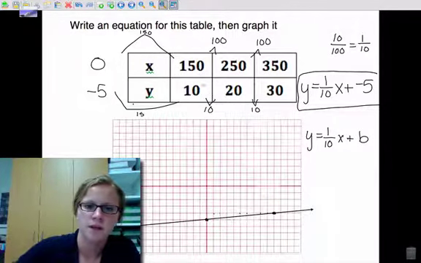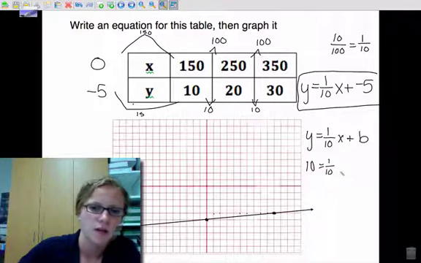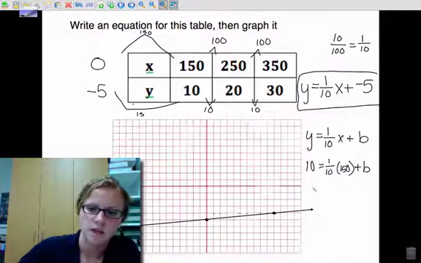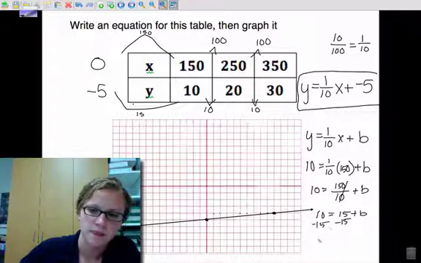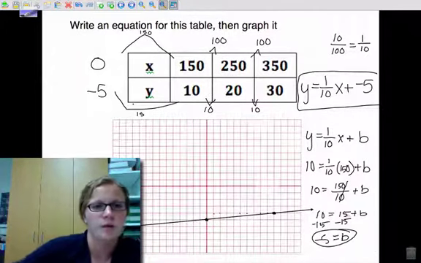Then we can plug in a y and an x, so 10 equals 1/10 of 150 plus b. So that would be 10 equals 150 over 10 plus b. So that would be 10 equals 15 plus b, minus 15 from both sides, and negative 5 equals b. So I'll leave that up there as well.